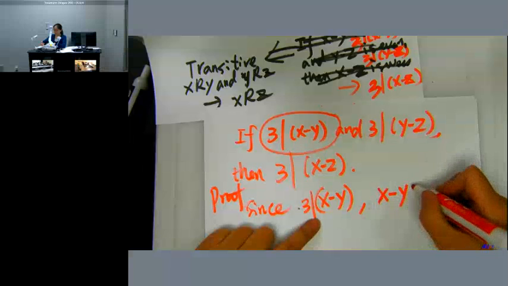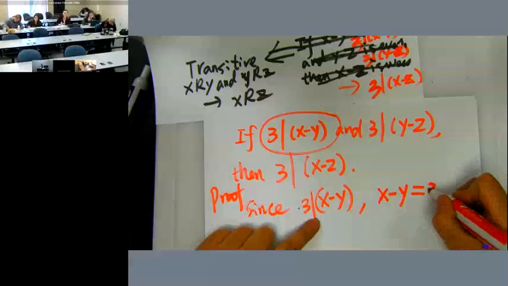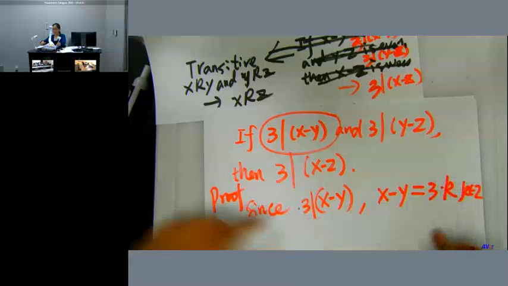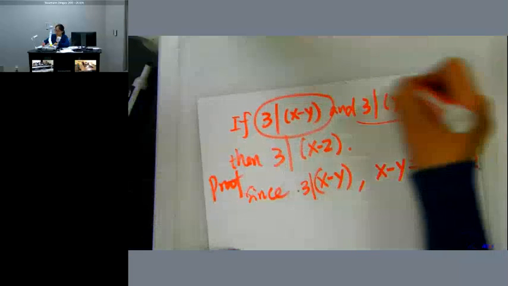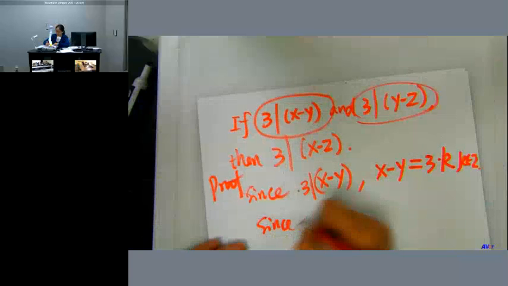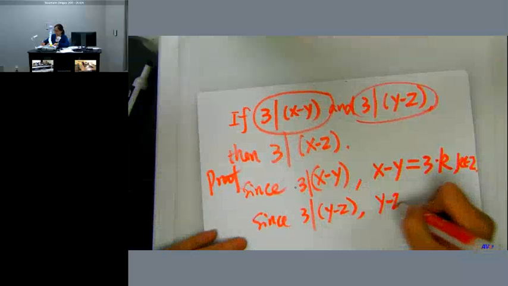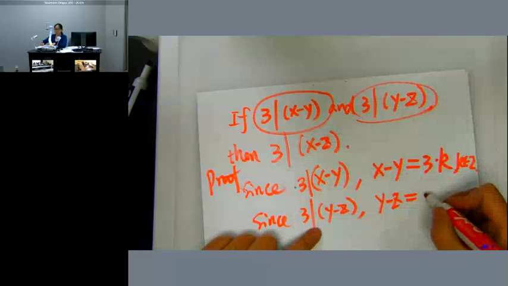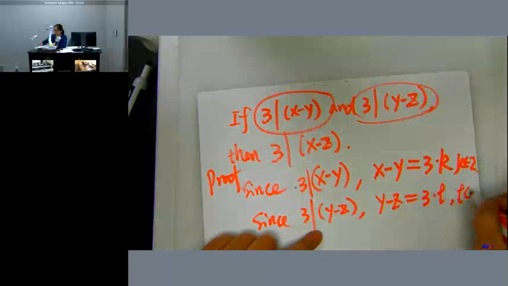Instead of a sentence, equals what? Equals 3 times an integer. Yes, that's right. 3 times the integer, we can use k. Do you all remember that definition? Now, similarly, we also know 3 divides y minus z. So what can we get from that one? Y minus z equals what? 3 times l. Very good. Make sure you use a different letter.